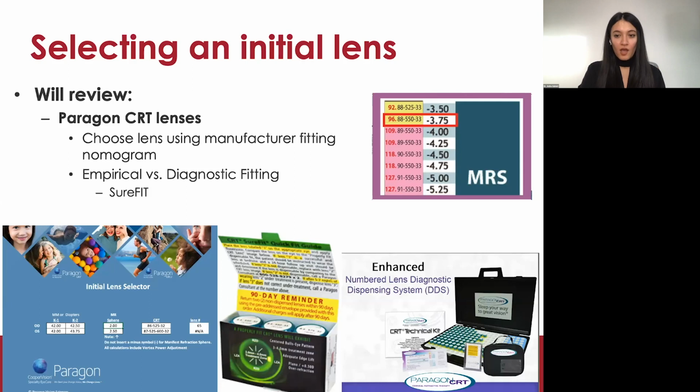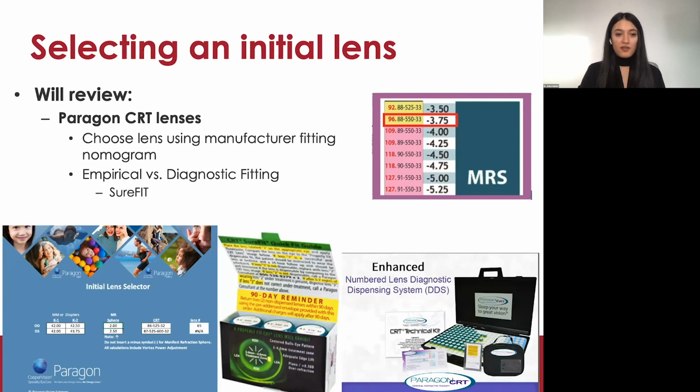We also have a fitting set in our clinic that looks like this here. That's a big suitcase. It's filled with lenses. I have like 3 or 4 of those, and I've collected those over the years. The fitting set is nice because you can actually fit the lens on the patient to see if the initial lens that you're choosing is something that will work for your patient. The other option is to order it empirically, like I said, by either calling the manufacturer or using their online calculator.